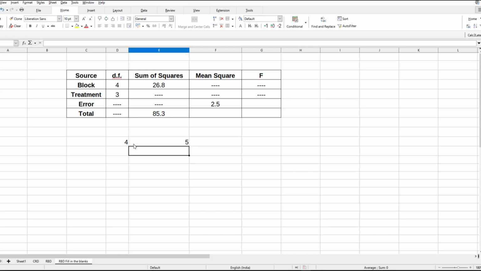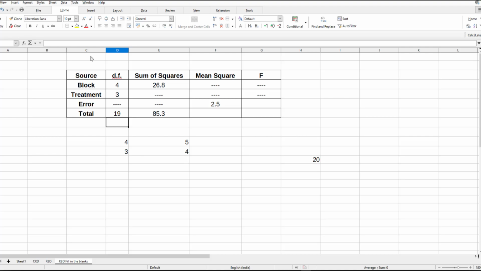Since the degrees of freedom for treatment is 3, the total number of treatments will be 4, right? So there are 5 blocks and 4 treatments. So 5 into 4 means there are 20 total observations. If there are 20 observations in total, then what will be the degrees of freedom? The degrees of freedom will be 20 minus 1, 19, right?